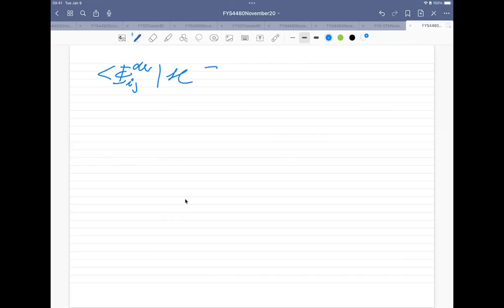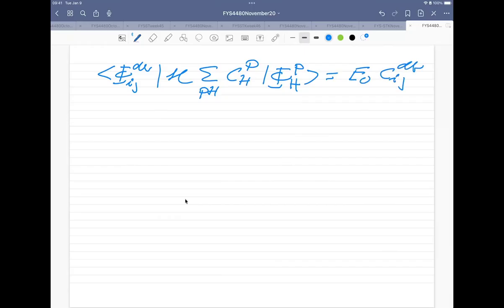So in this case now, we would now have pH, and then we have again CHP multiplied with phi HP, and this is obviously going to be equal. When we now set up the states, I'm going to get this one to simply be equal to Cij AB. So in the previous case, I had a 1 particle, 1 hole state, and now I'm getting a 2 particle, 2 hole coefficient.